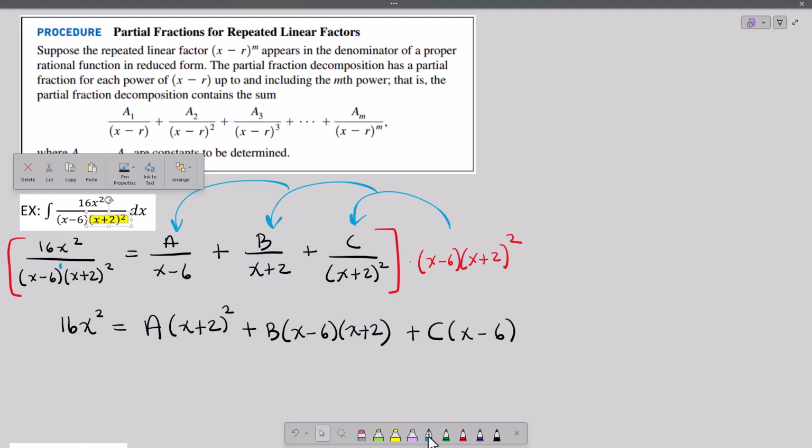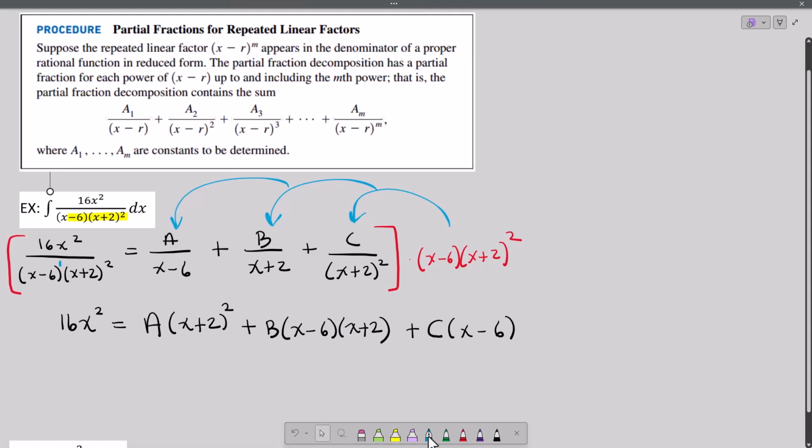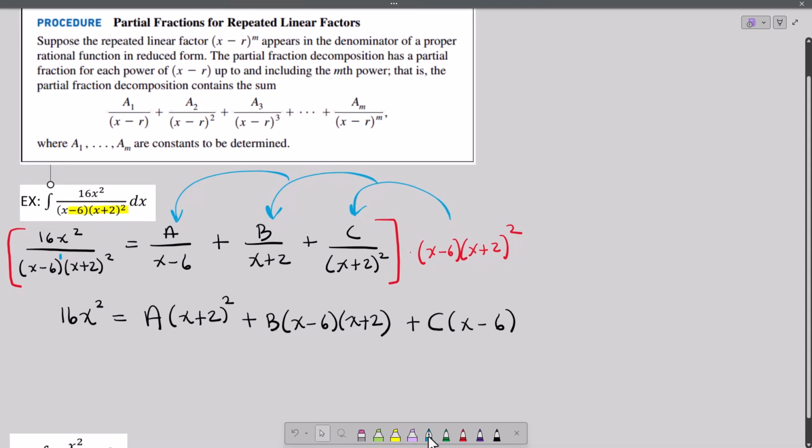So think about this. This has a power of 2 in the numerator, right? If you just do this, you cannot get a power of 2. Do you agree? If you were to add just these first two fractions, you'd multiply this one by x plus 2 over x plus 2, multiply this one by x minus 6 over x minus 6.